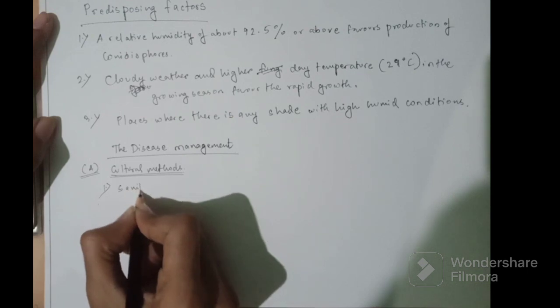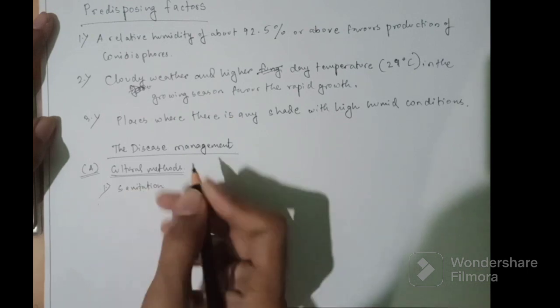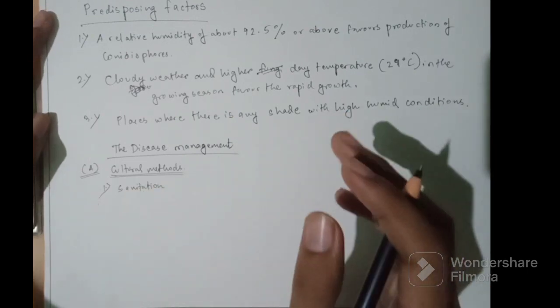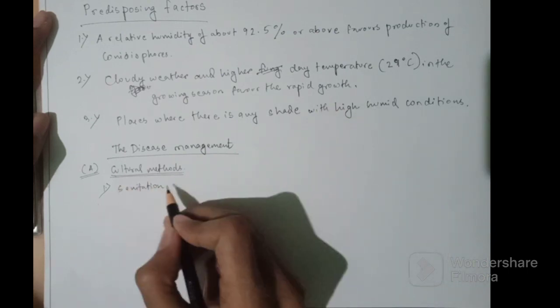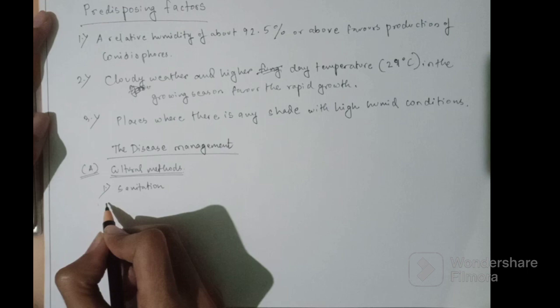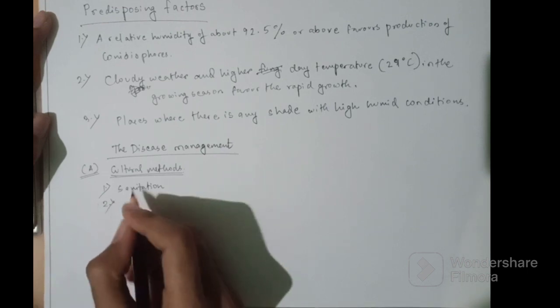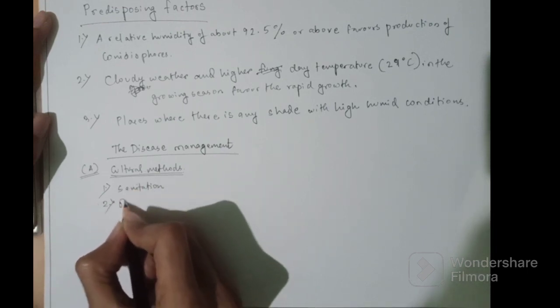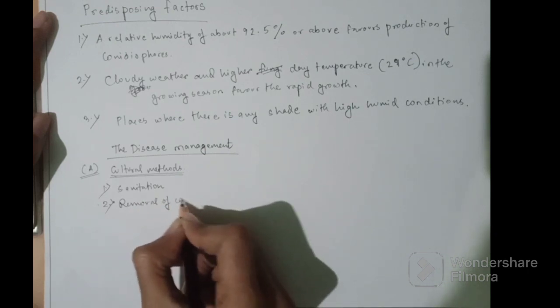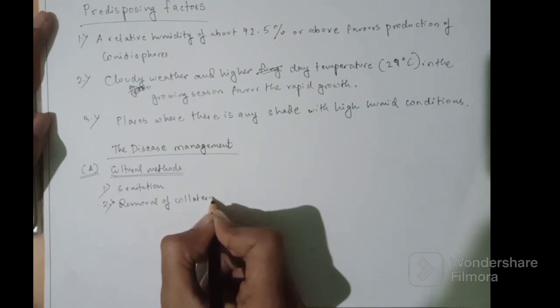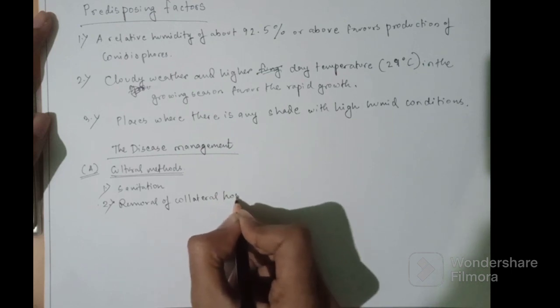First is sanitation. Sanitizing, cleaning and burning the previous year's infected plant debris are effective to reduce the disease. So sanitization of the remains of the plant debris, or removal of collateral hosts.